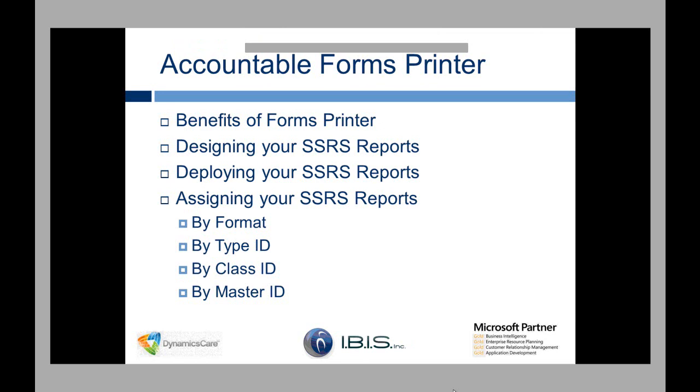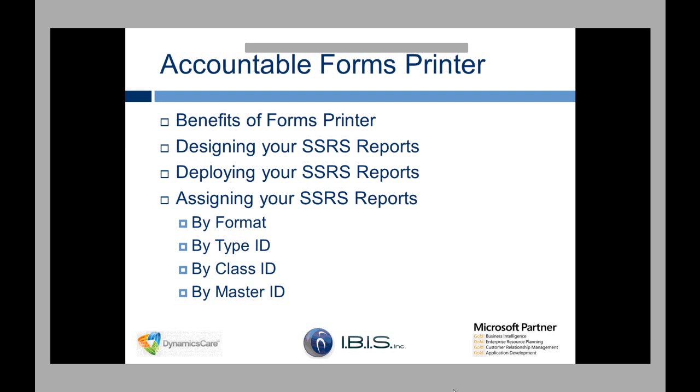So you see when you assign your SSRS reports, you can do it by format, which is the actual form of the report. You can do it by type ID. In GP, you have the type IDs for sales order processing. You can actually have each type ID have a different form assigned. You can go by class ID.